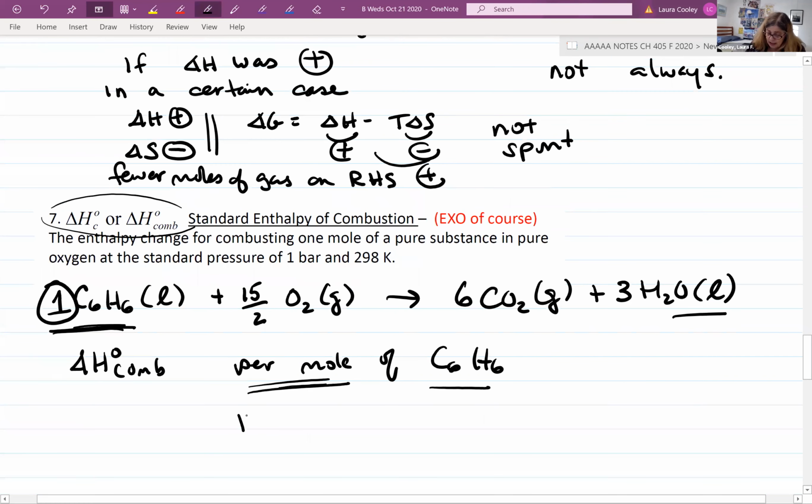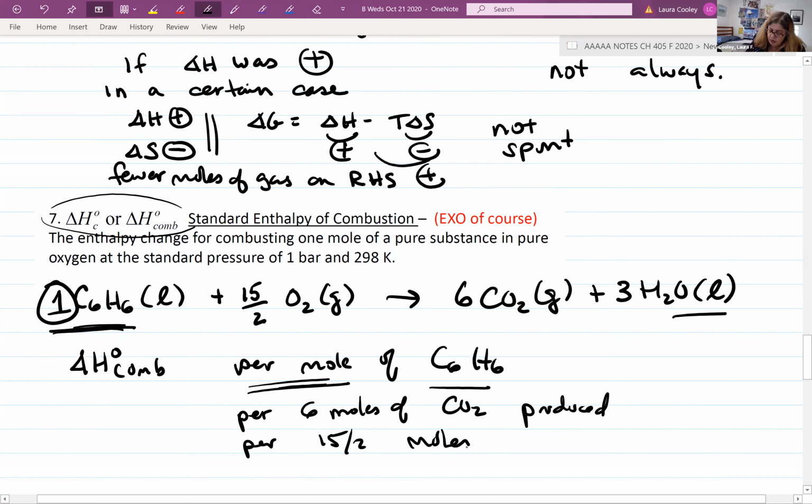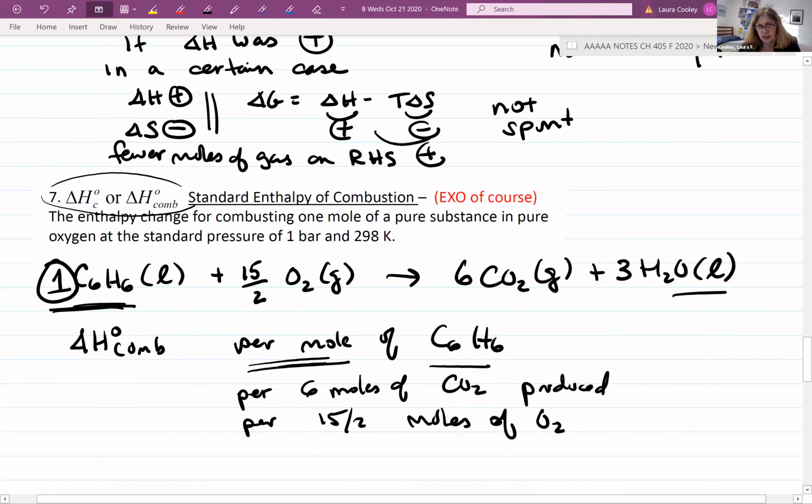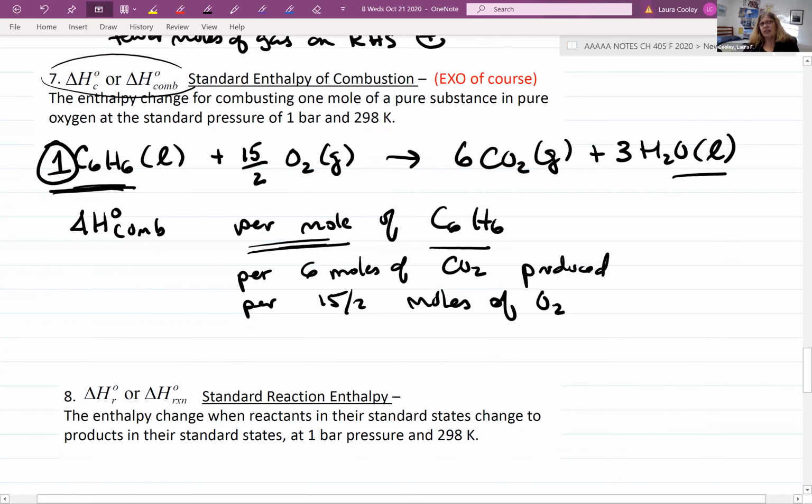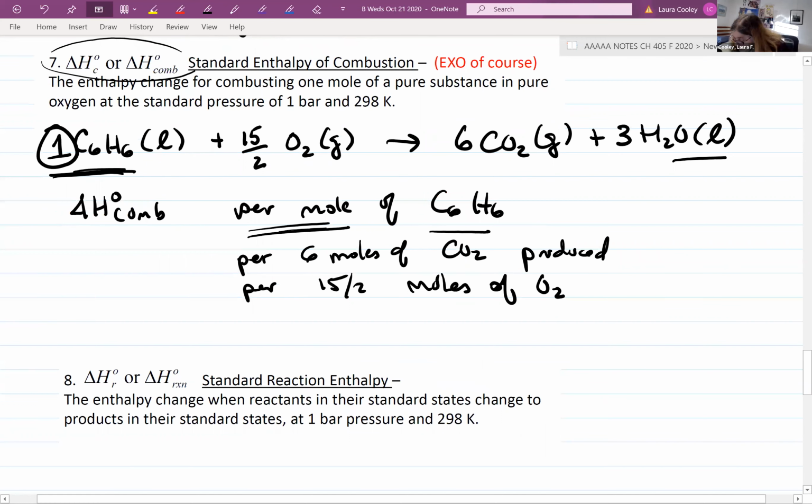So it would really be per 6 moles of CO2 produced, or per 15 halves moles of oxygen needed for the reaction, or per 3 moles of liquid water produced. So it's directly connected to the stoichiometry of the reaction.